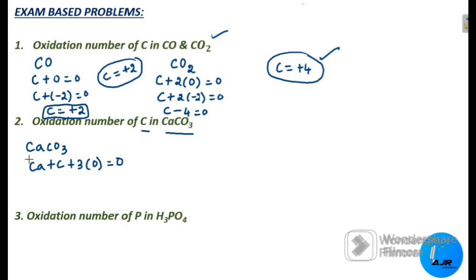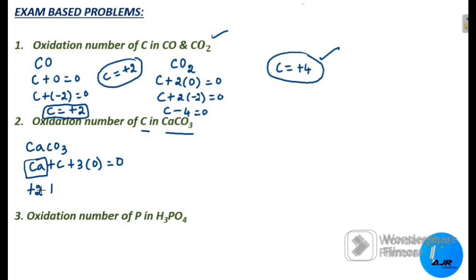Calcium is an alkaline earth metal. For alkaline earth metals, the oxidation state is found to be plus 2. So I'm using that rule here. So for calcium I have substituted plus 2.